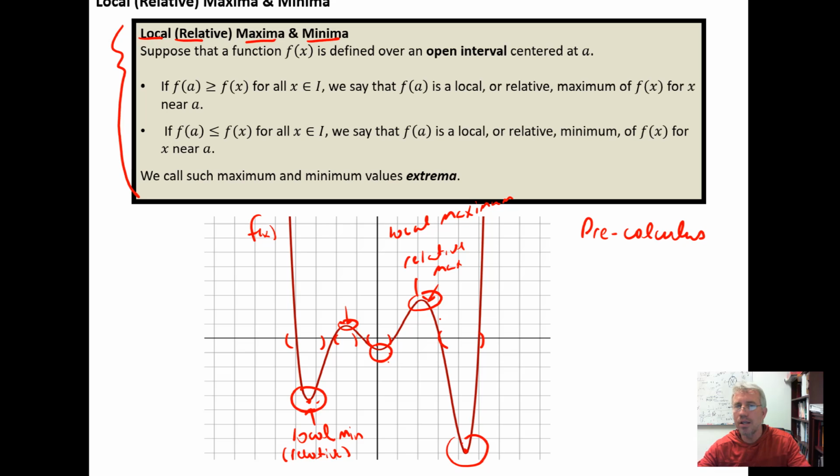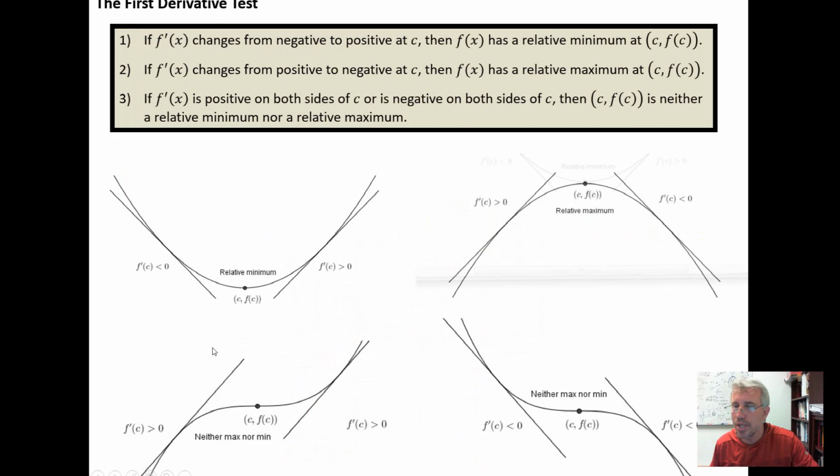And if we can use calculus to do it, that means we can find the locations of the local maxima and the local minima without having to look at the graph of the function. So here's the big idea regarding how to use calculus to locate a local minimum or local maximum.